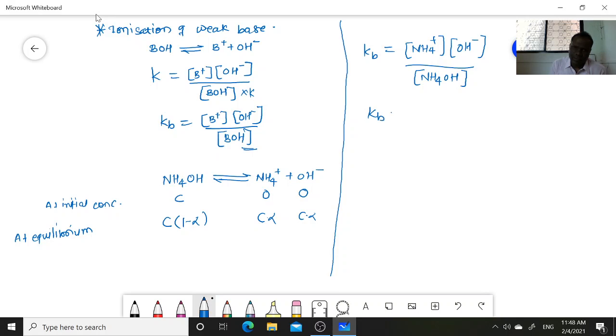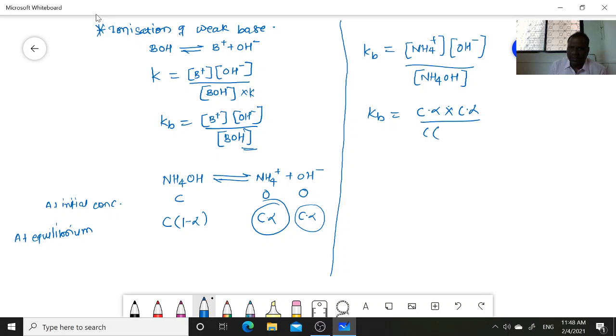That is, Kb is equal to C alpha times C alpha divided by C into 1 minus alpha.